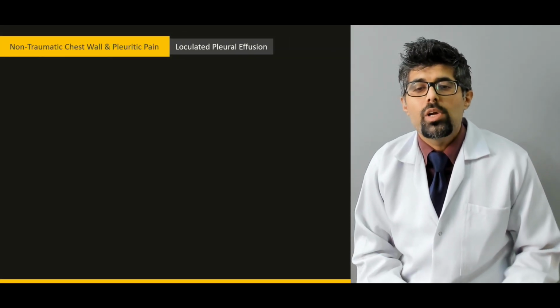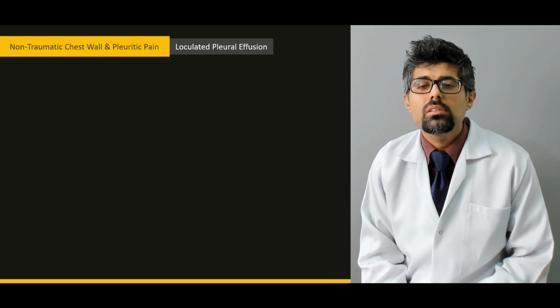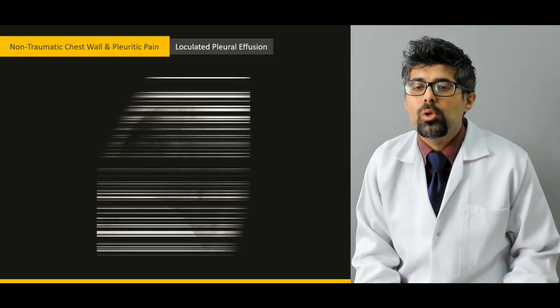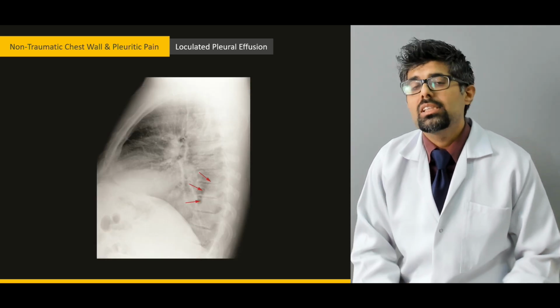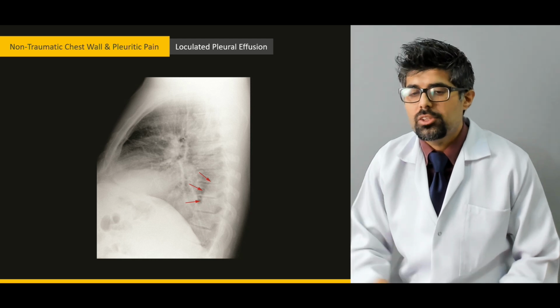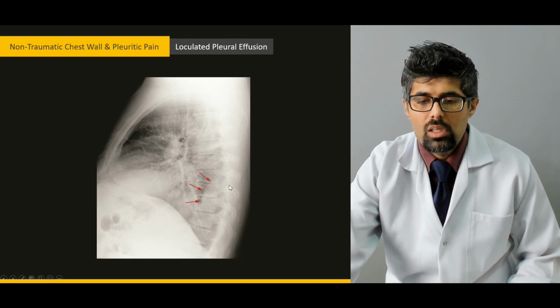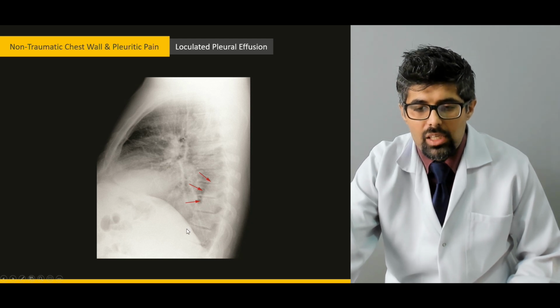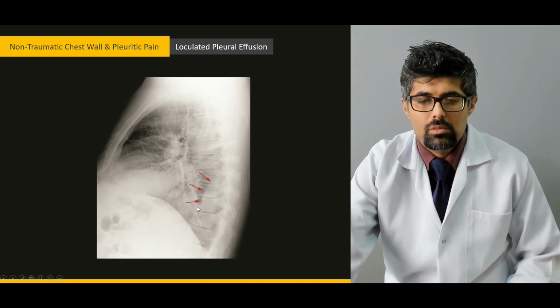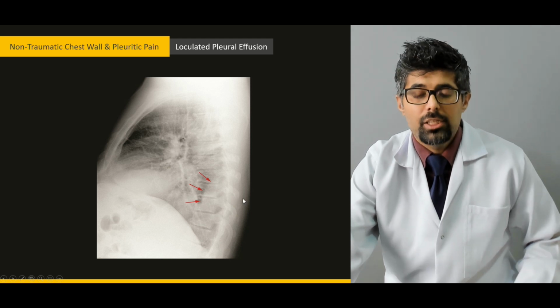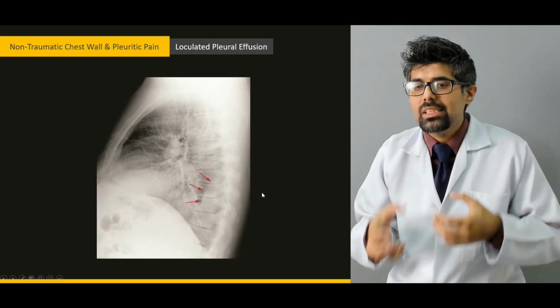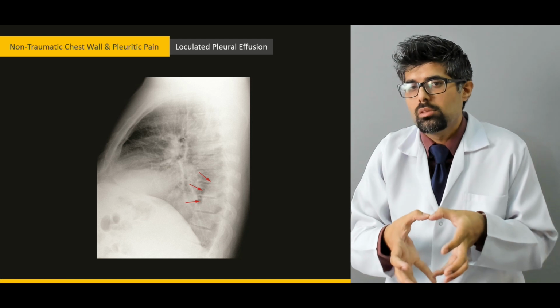Next, we have a few examples. The loculated pleural effusion. Now, this is a lateral chest X-ray. As you can see here, this area is the loculated pleural effusion. It is loculated because it is locked in its position.